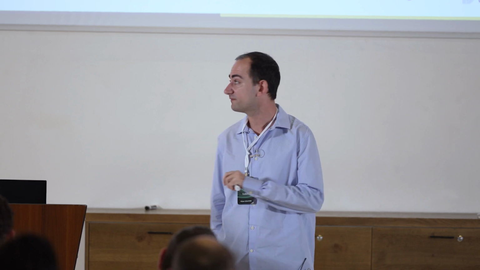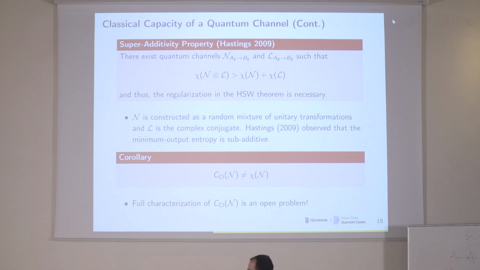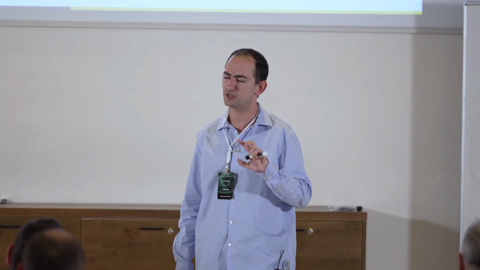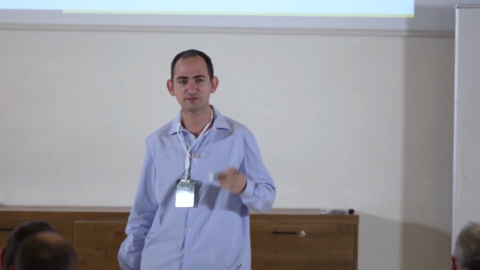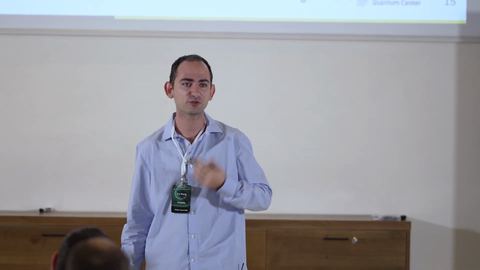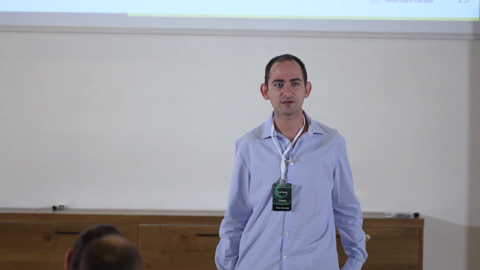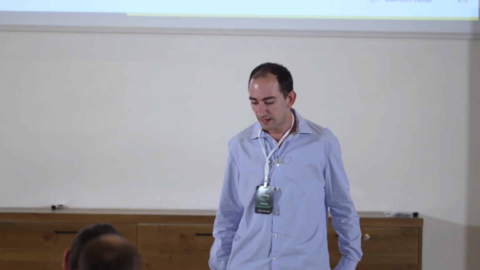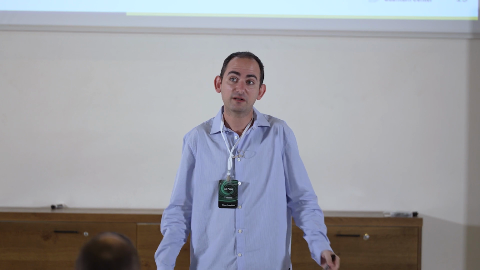Probabilistic proof? Yes, exactly. They chose channels at random. They chose one channel as the unitary mixture and the other channel as the complex conjugate. And then they showed that, not even with high probability, with positive probability, you can get this, which means that there exist quantum channels that will satisfy this. So we don't know which channels can satisfy this.